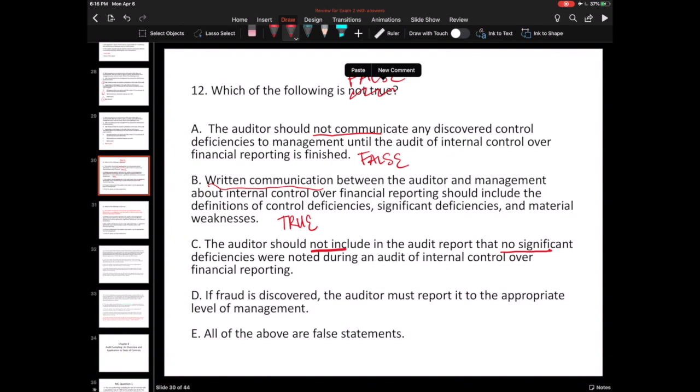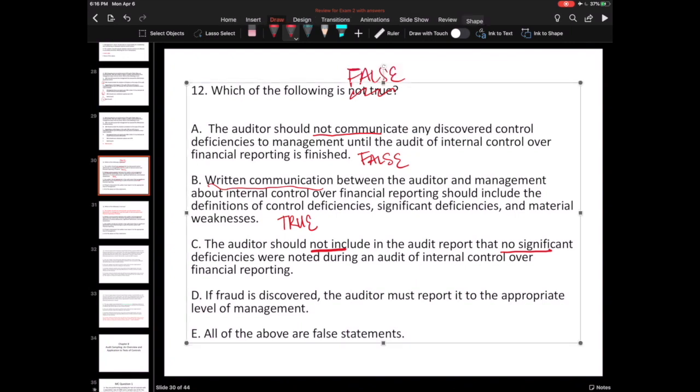And the auditor should not include. Okay, C, I think, is the worst answer to read through because of these two negatives. So the auditor should not include in the report that no significant deficiencies were noted during an audit of internal control over financial reporting. That is true because they should not be referring to significant deficiencies at all in their report.